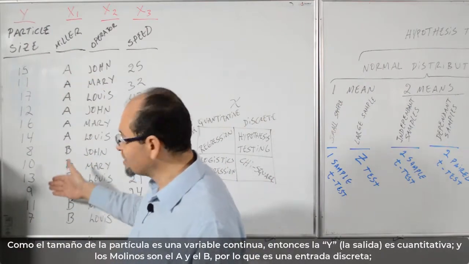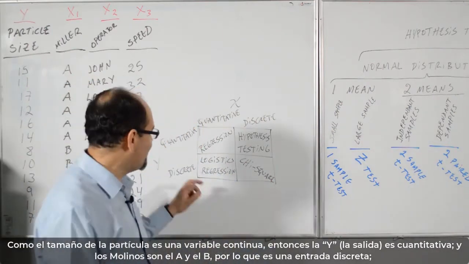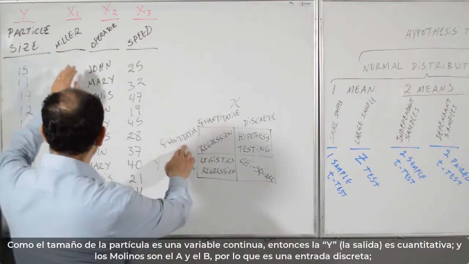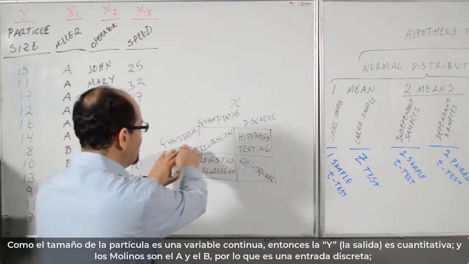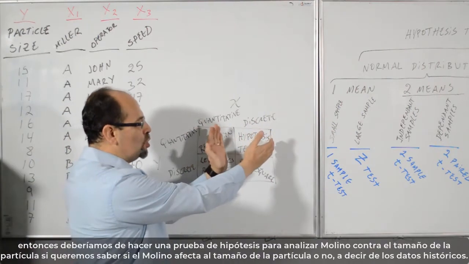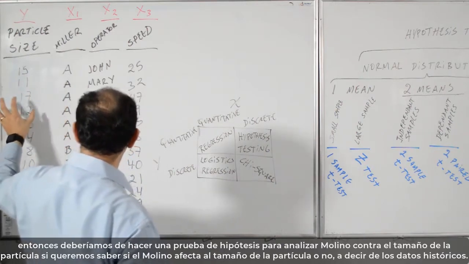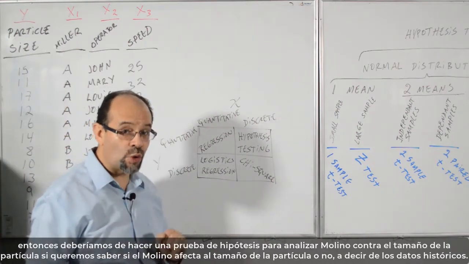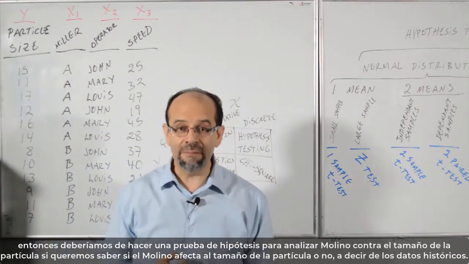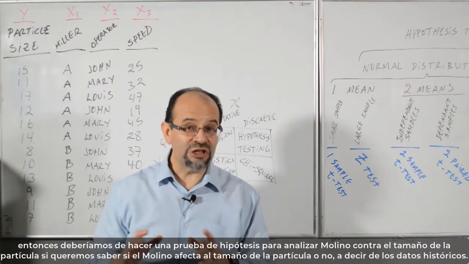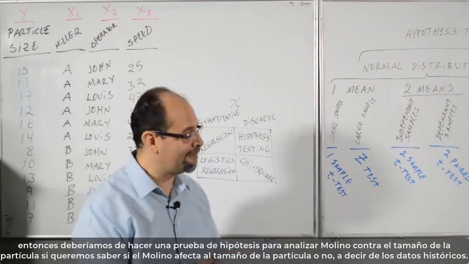Since the particle size is a quantitative variable, the Y, the output, is quantitative, and Miller is A and B, that is discrete, then we should do a hypothesis test to analyze Miller against the particle size. We want to know if the Miller is affecting the particle size or not, according to the historical data.